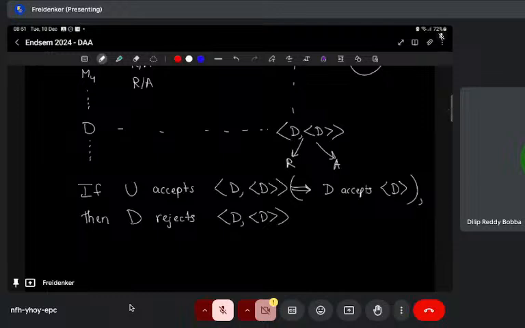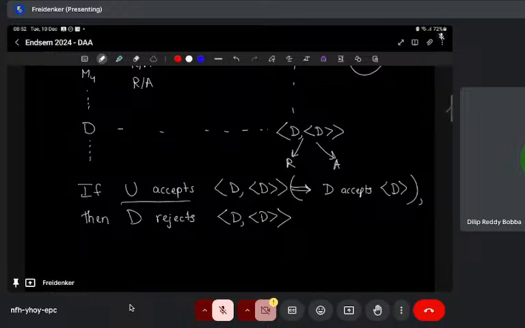What does it mean if D rejects this tuple? Is there any meaning? If U accepts, then we understood this. What does it mean if D rejects this string? Or do you see a contradiction?